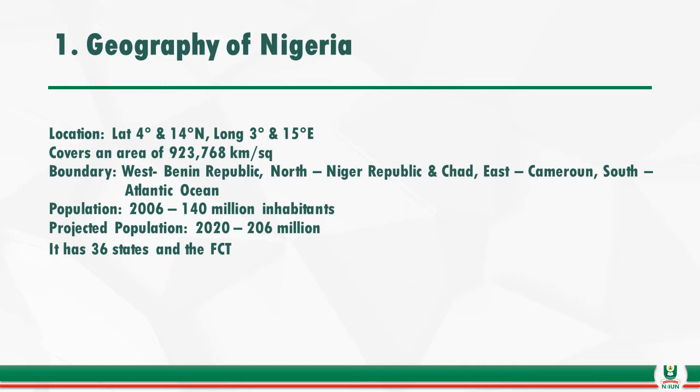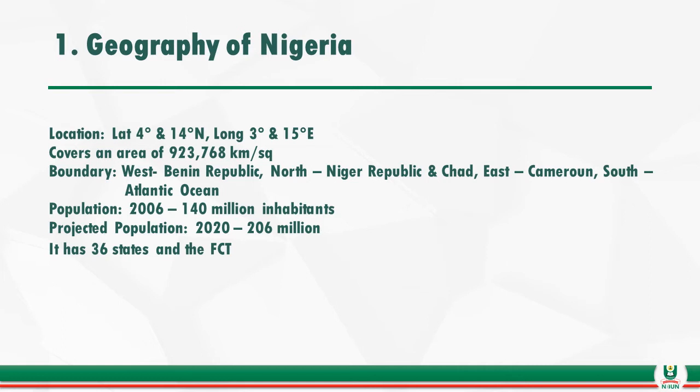By boundary, at the west, it is bounded by Benin Republic. At the north, we have the Niger Republic and Chad. At the east, we have Cameroon. And to the south, we have the Great Atlantic Ocean. And using the 2006 population census, Nigeria is said to have 140 million inhabitants.